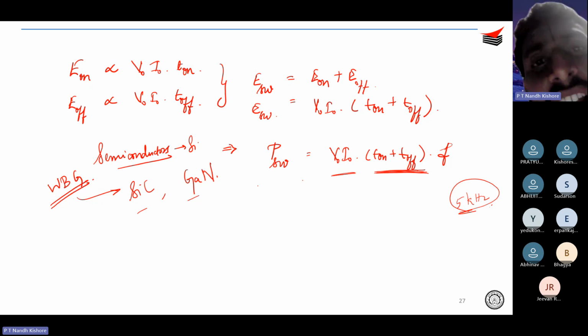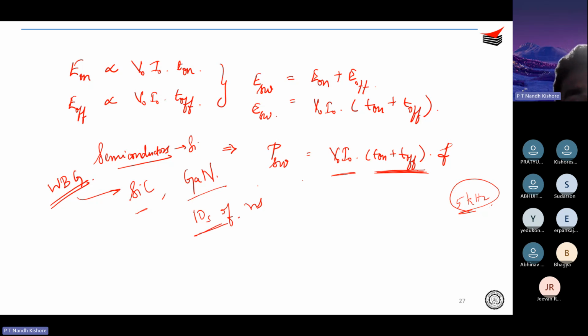Personally, I am actually working on gallium nitride devices for my PhD, but anyway. So silicon carbide and gallium nitride can turn on in the order of tens of nanoseconds. Gallium nitride devices have been shown to turn on even within a few nanoseconds, less than 10 nanoseconds.